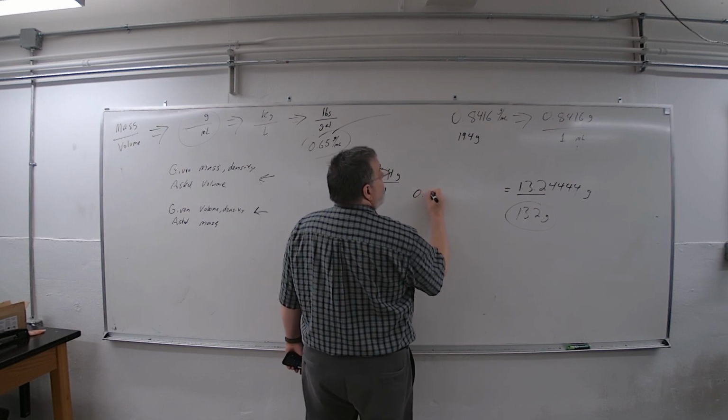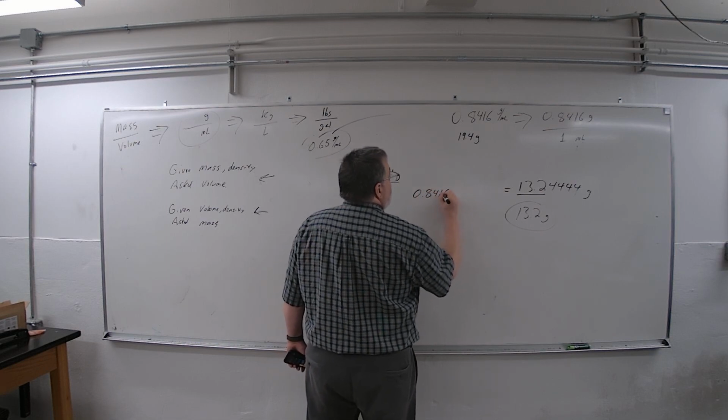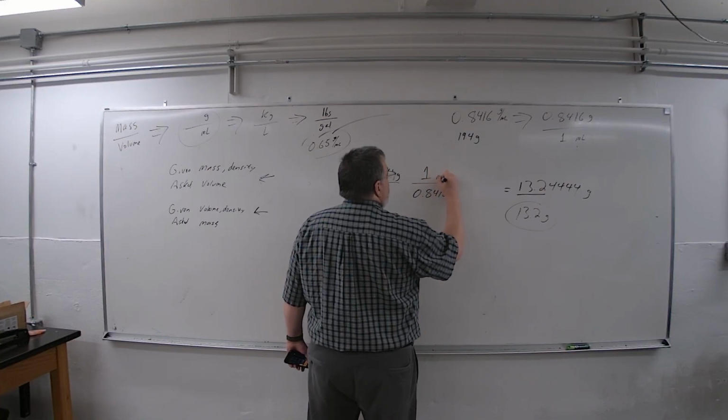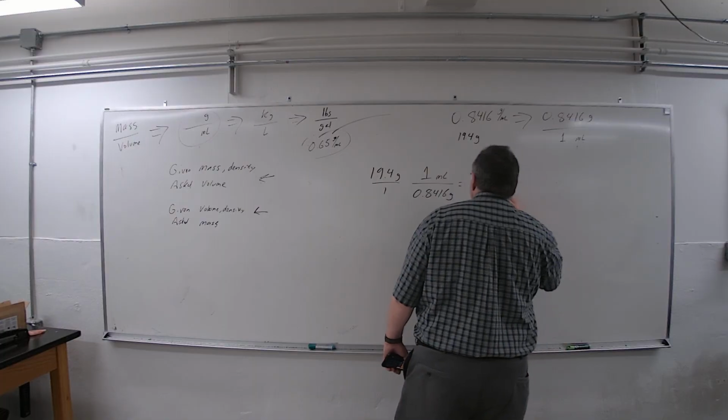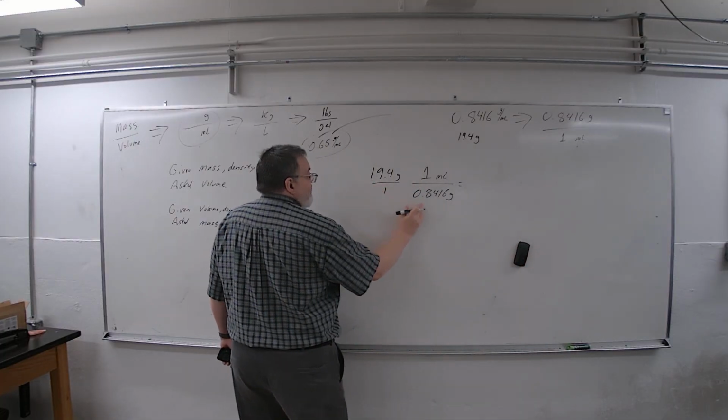0.8416 grams to 1 milliliter. Now we're dividing, but it's still the multiplication division rule. 3 significant figures, 4.